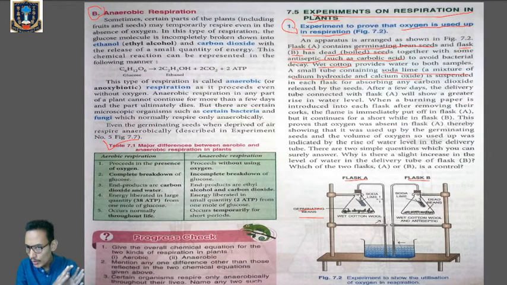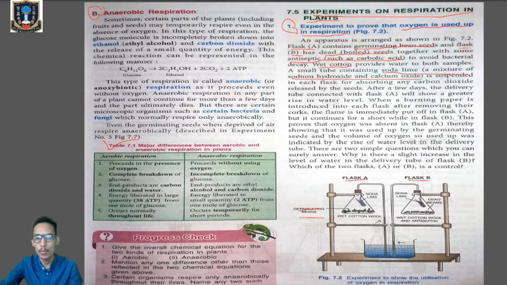Because if we do not use this antiseptic, then bacterial growth will be there on the dead seeds. Those bacteria will respire and give out carbon dioxide. Then our experiment will be totally wrong, and we cannot come to the right conclusions. So in order to avoid the growth of bacteria on the dead seeds, we are using carbolic acid.